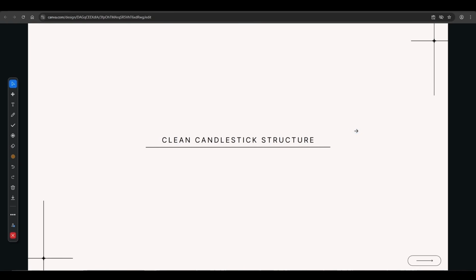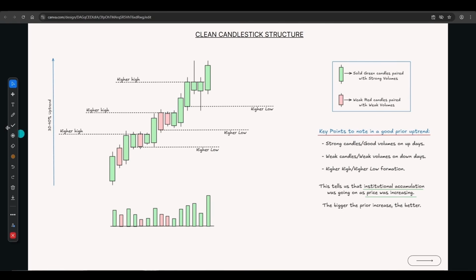Now the next point is clean candlestick structure. This is a diagram that I drew so that we know what kind of candlestick structure we should look out for. It is a very basic diagram. Take this as the RHS of any particular setup or price structure.